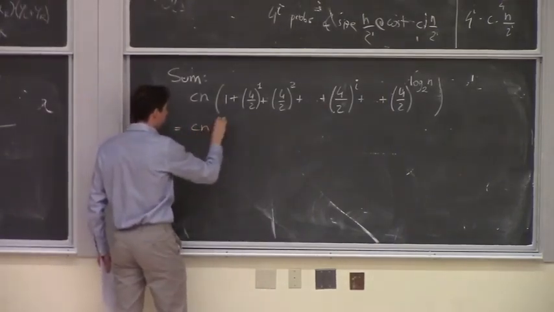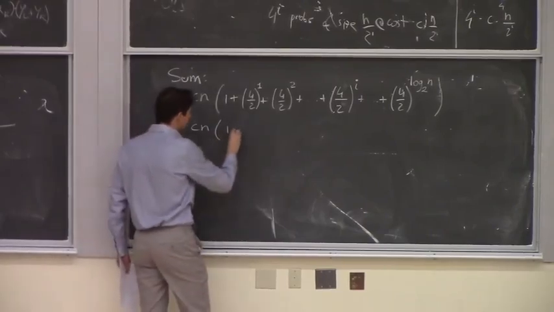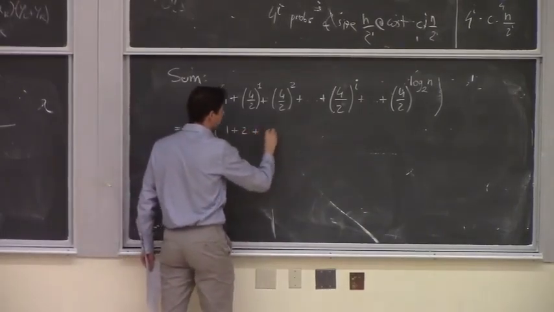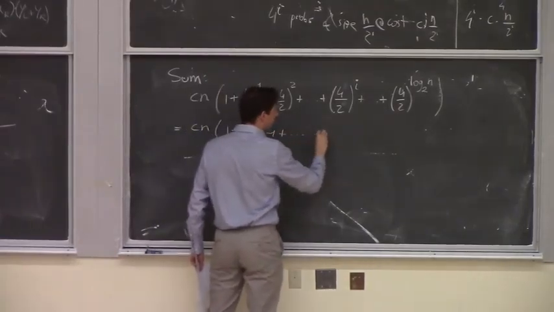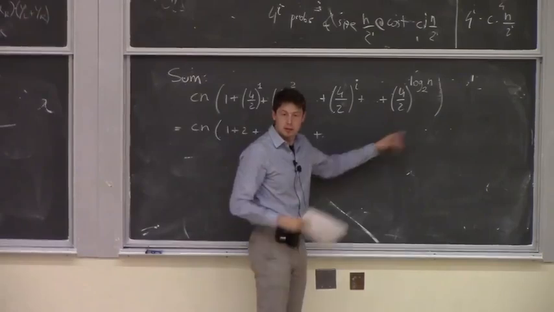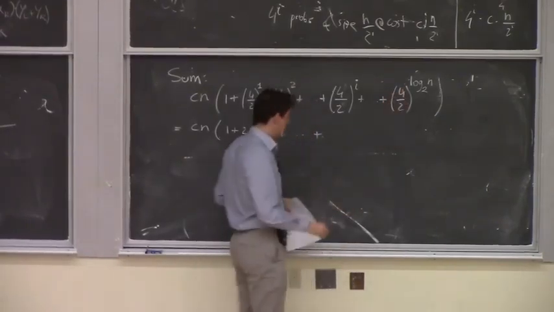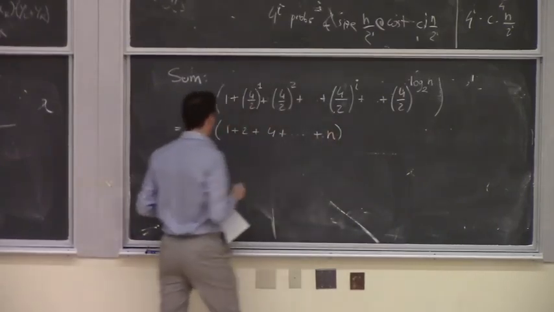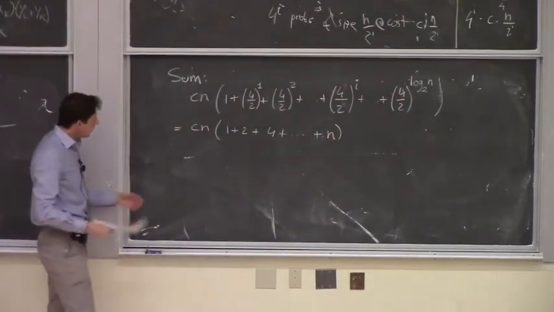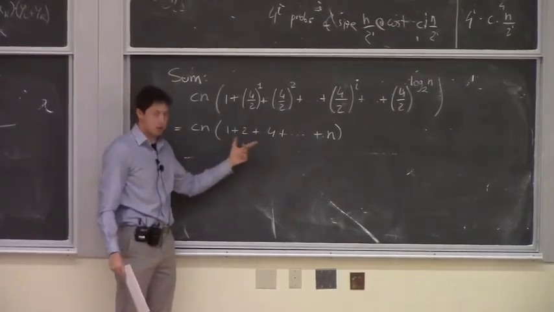Maybe we should simplify it a little bit for this particular case. So it is 1 plus 2 plus 4 and so on, all the way up to, what is the last term here? n, because it's 2 to the log 2 of n. So that's n. Basically here we're summing 1 plus 2 plus 4, log n times.